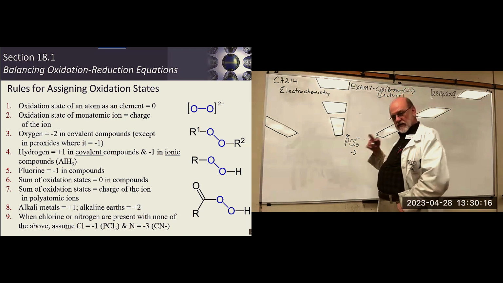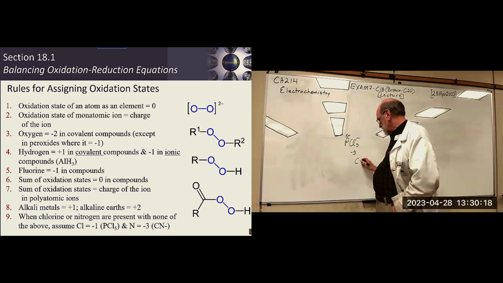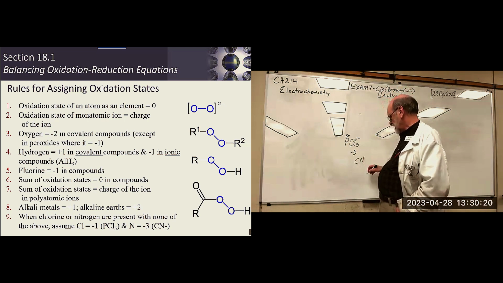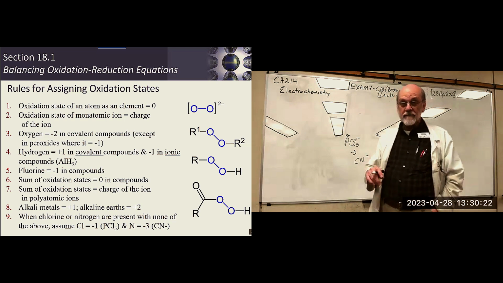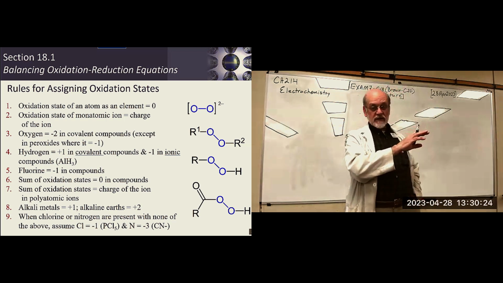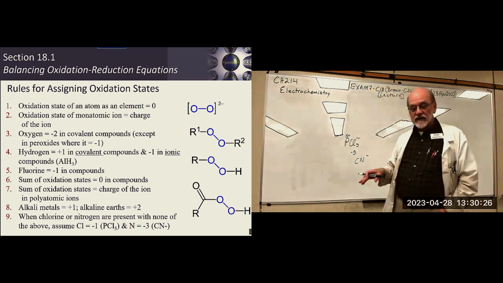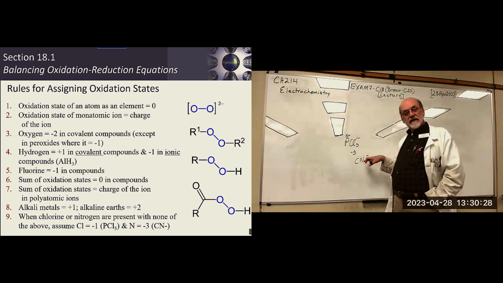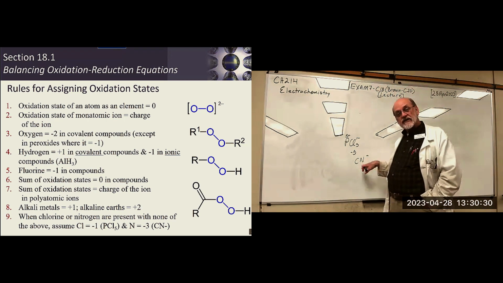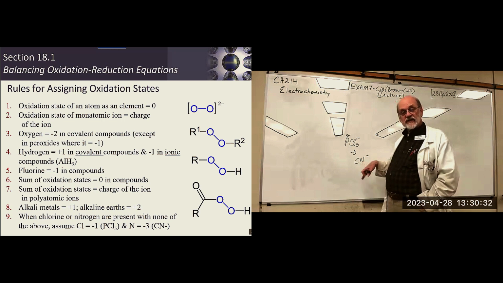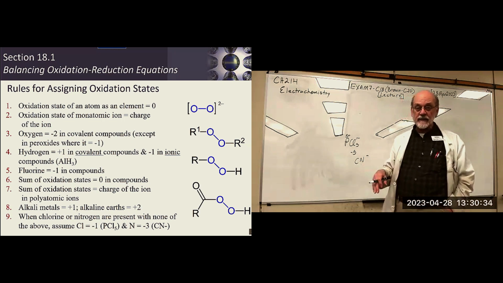For the other example they have there is cyanide. Okay, so nitrogen is to the right of carbon. So we assign the oxidation state to nitrogen based upon its position in the periodic table.